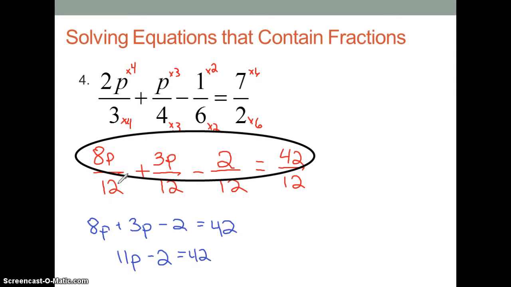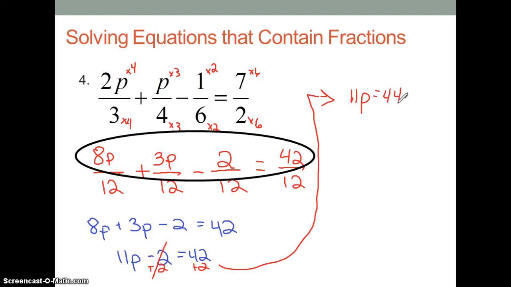And now I can undo my constant by adding 2 to both sides. The 2's cancel out, and I'm just left with 11p. 42 plus 2 equals 44. And my last step is to divide by 11, in which p equals 4, which will be your final answer.